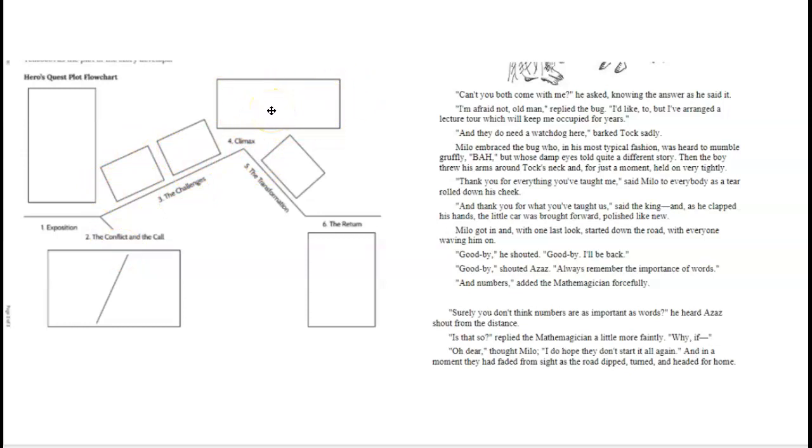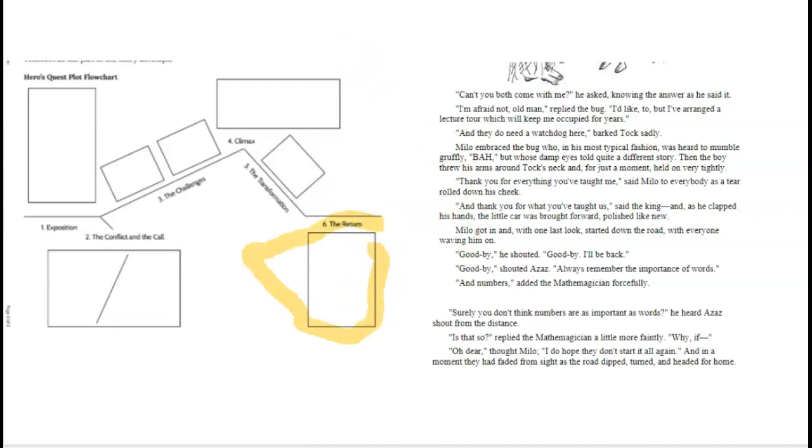So remember, we talked about in our story, the turning point is when Milo saves Rhyme and Reason and brings them back to the lands beyond. So now we are heading into the transformation section where we find out how the world has changed now, and finally the return. So our story is really going to be taking place right here at the return.